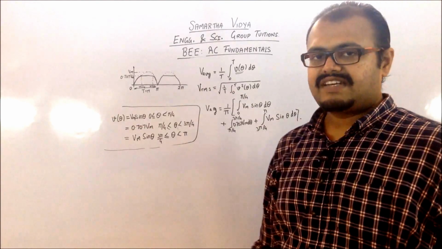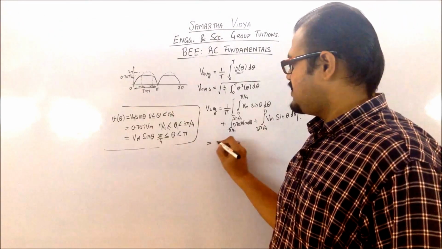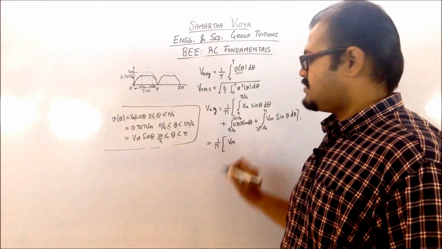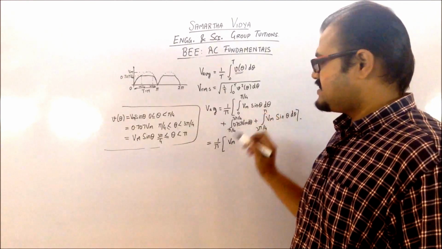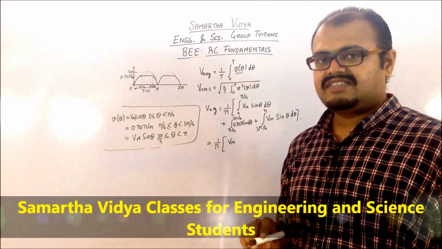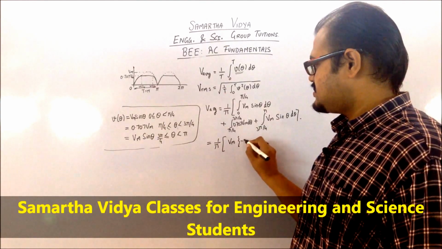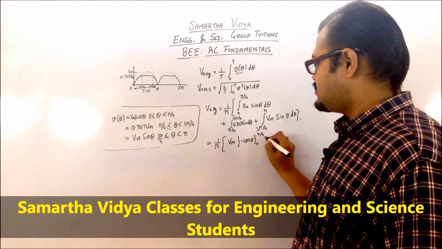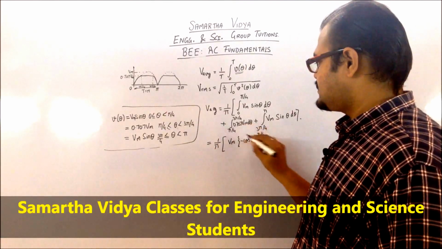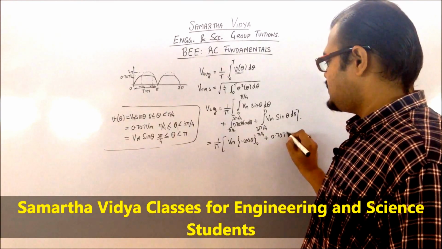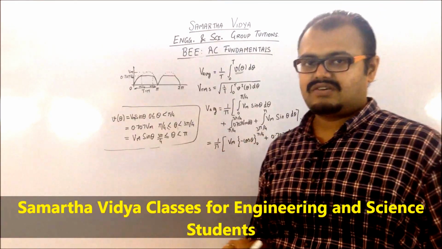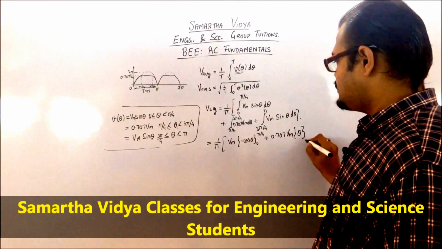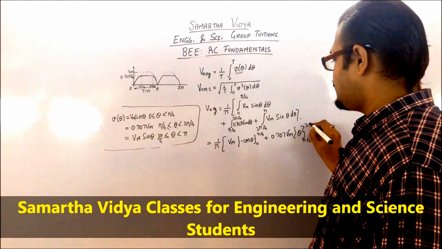So it's nothing but you have to find the integration of this. It's going to be 1 by pi of, you can see that Vm is constant, so it will come outside. Then the integration of sine theta is nothing but minus cos theta, with limits 0 to pi by 4. Plus 0.707 Vm, which is constant, times the integration of d theta, which is theta, for the limits pi by 4 to 3 pi by 4.